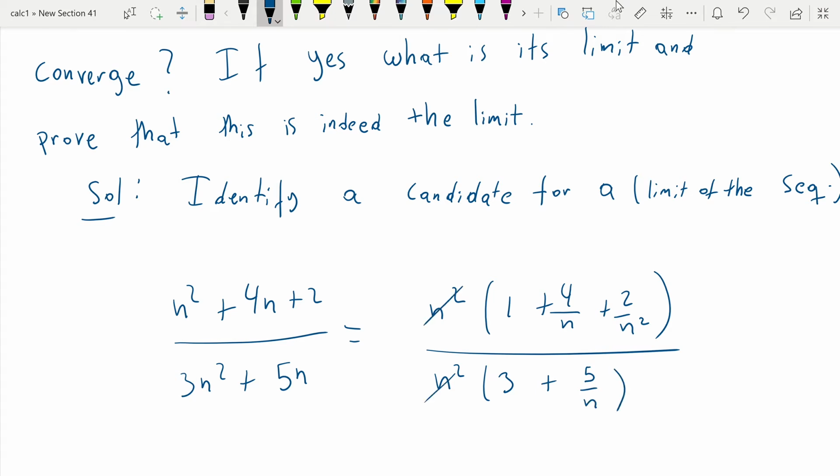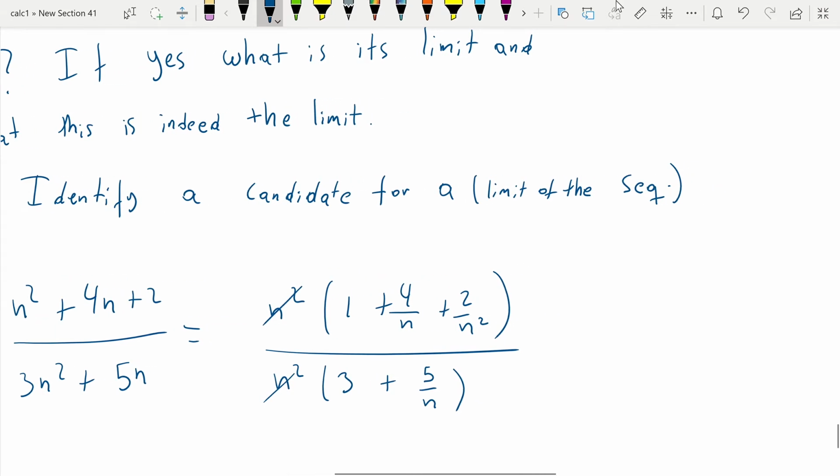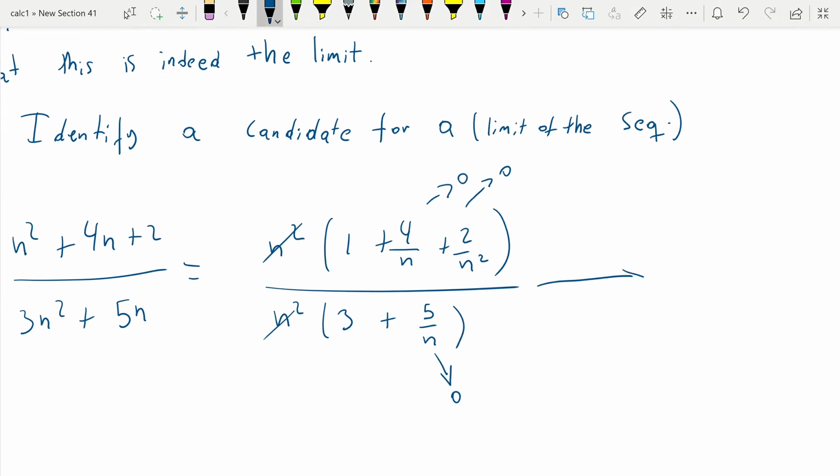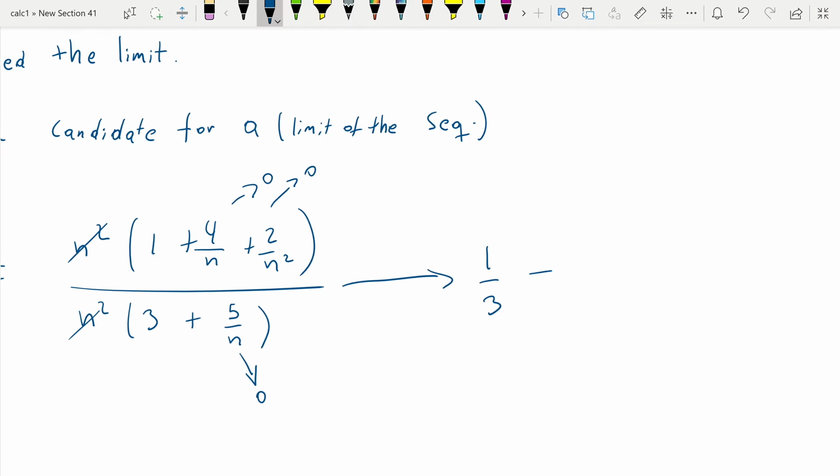And you cancel out the n squares and you say this goes to 0 because n is becoming very large, and for the same reason 2 over n squared. 5 over n is also becoming very small because n is very large. So this should be going to 1 over 3. So this implies that A equals 1/3.